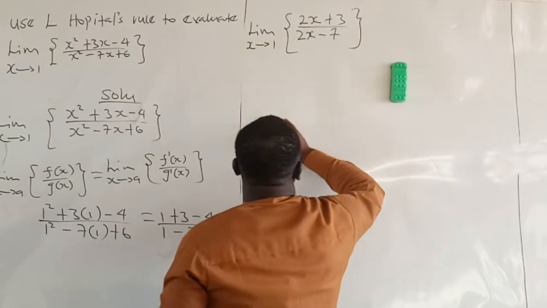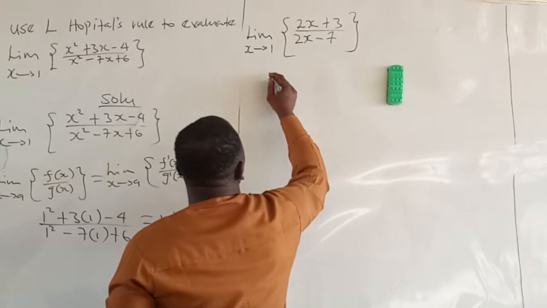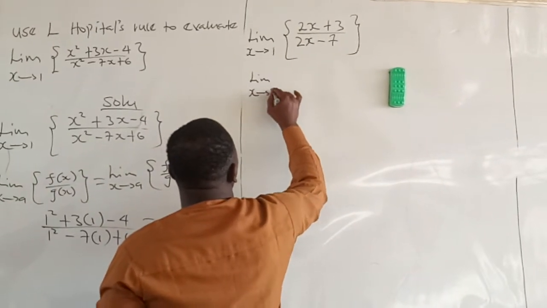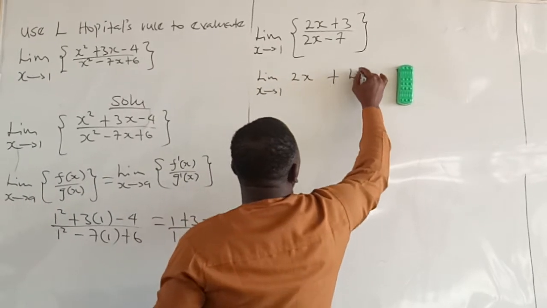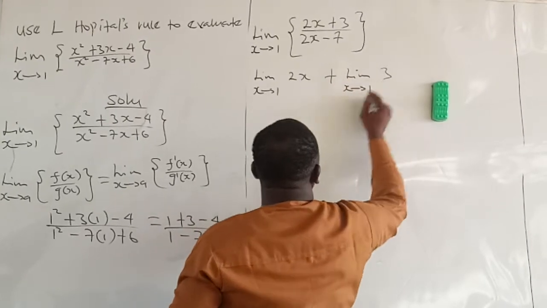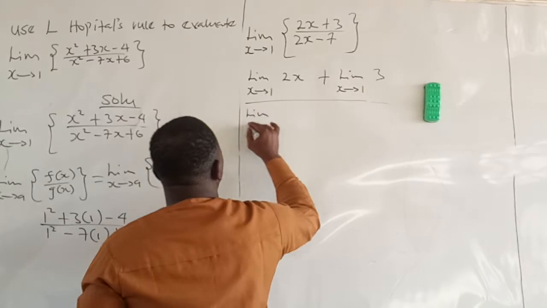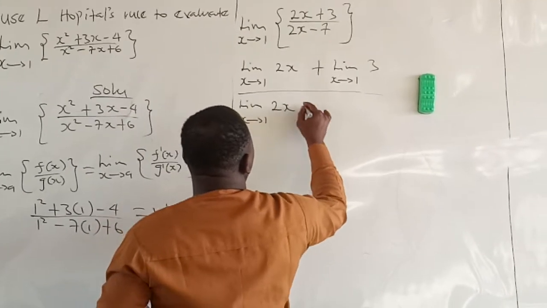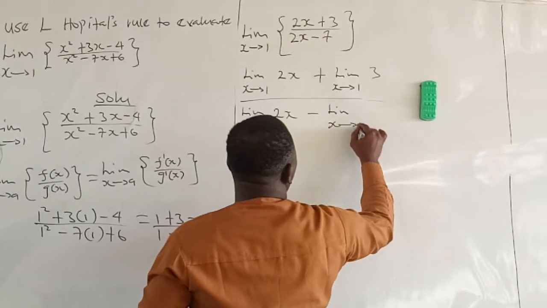At this point, we are going to substitute in the limit. We now write limit as x tends to 1 of 2x plus limit as x tends to 1 of 3, all over limit as x tends to 1 of 2x minus limit as x tends to 1 of 7.